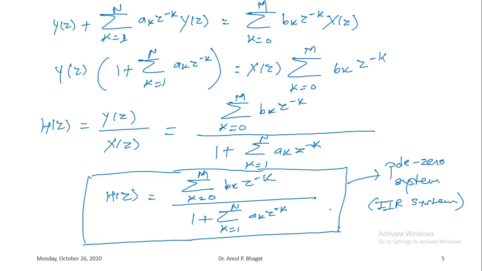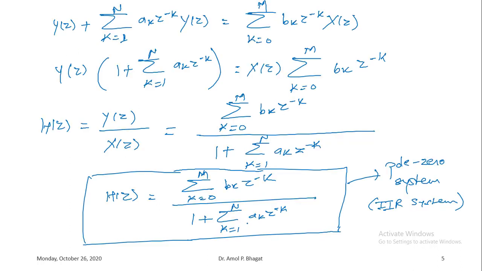Okay, so if I am considering only the numerator in this system, just for example, if this denominator is missing, then the system function comprises only the numerator.